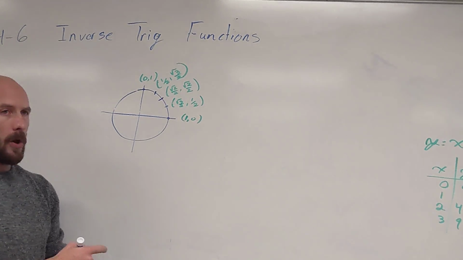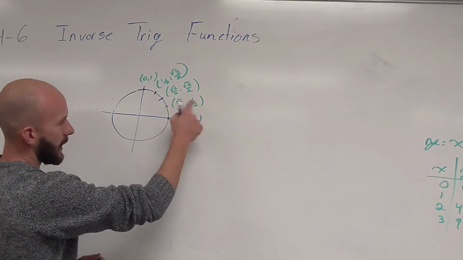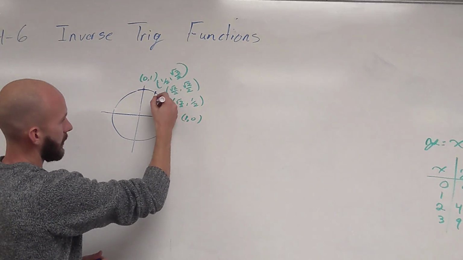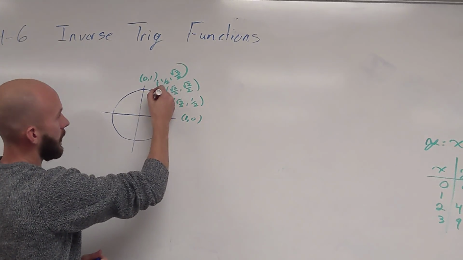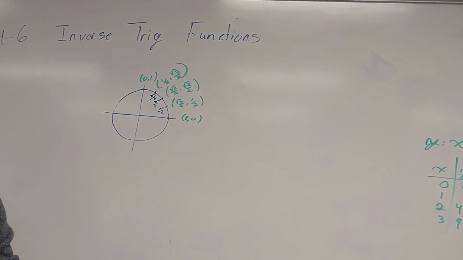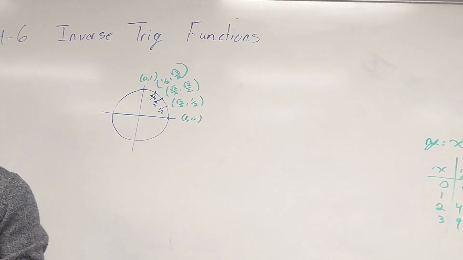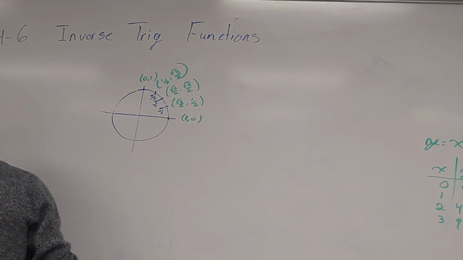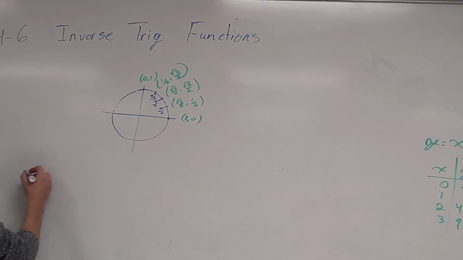So if we know those angles and values, we're off to a good start. Pi over 6, pi over 4, pi over 3. Okay. So just kind of give you guys an idea of how this is going to work. Let's evaluate some things real quick.